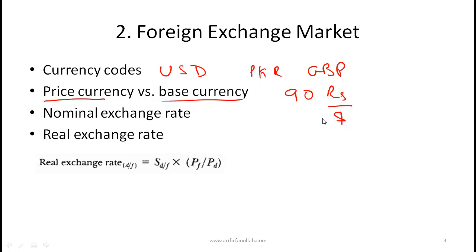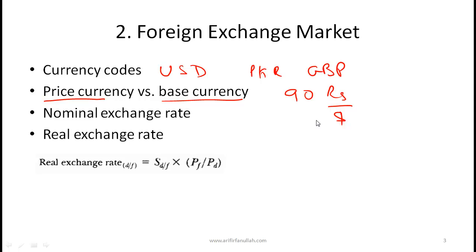So if I say that you have 80 yen per dollar, there again the dollar is the base currency. If I say that the exchange rate is $0.1 to the rupee or $0.01 to the rupee, then in that convention the rupee becomes the base currency.